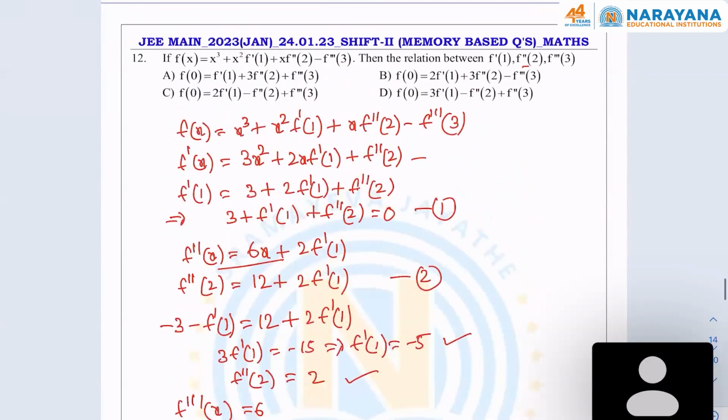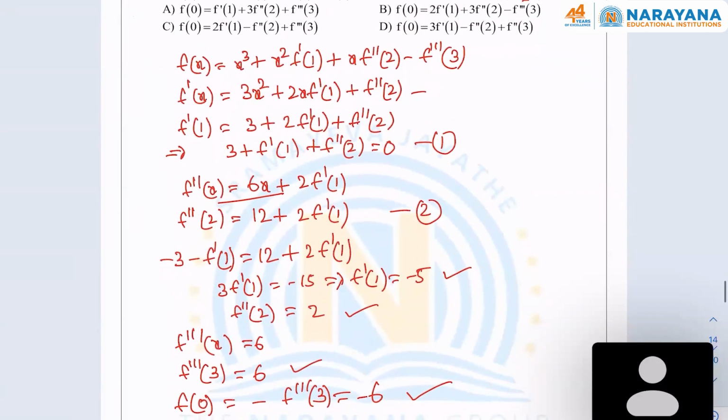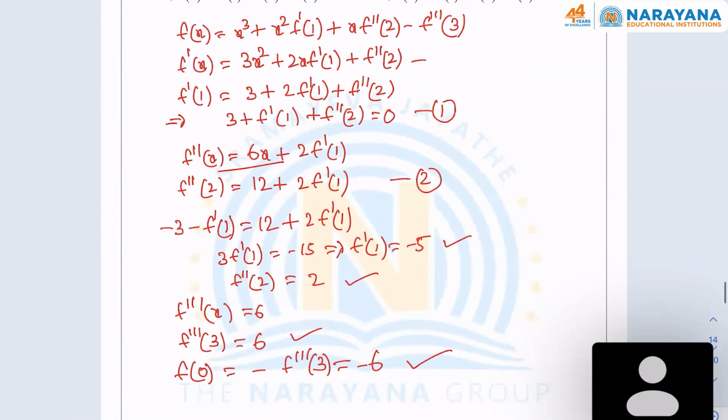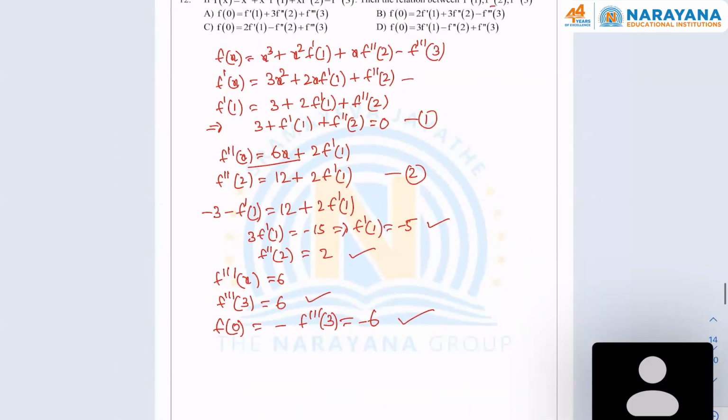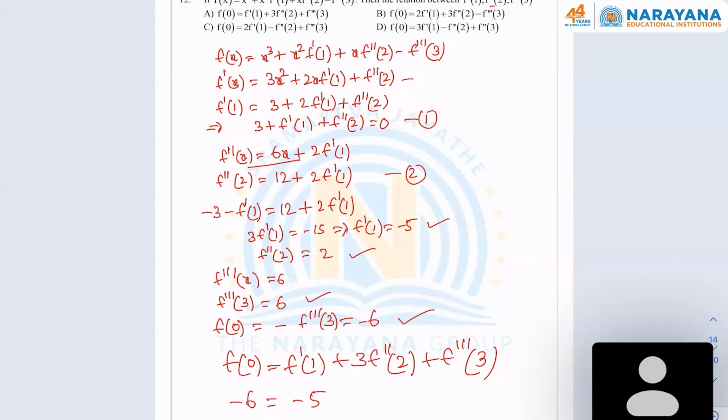Now you substitute these values in the options. First one, what they have given: f of 0 is equal to f dash 1 plus 3 into f double dash 2 plus f triple dash 3. f of 0 is minus 6, f dash 1, its value is equal to minus 5 plus 3 into f double dash 2, which is 2, plus here we have 6.